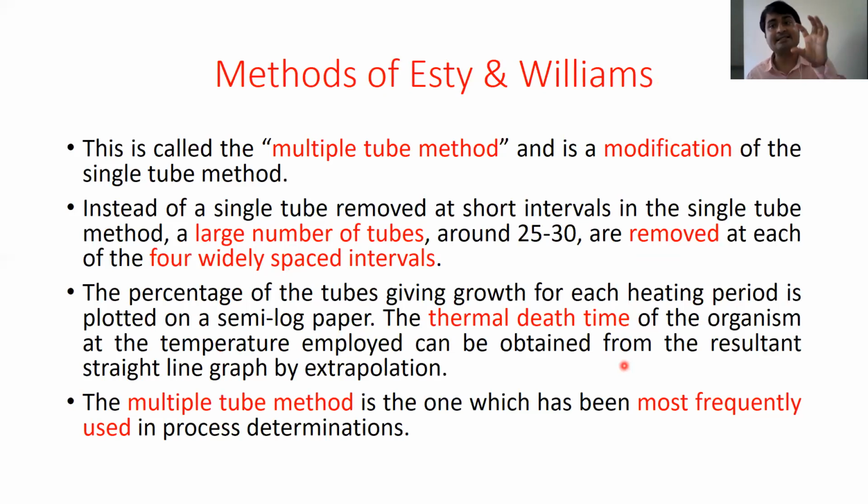Here, instead of one tube or a single tube, we are taking several tubes, a large number of tubes, say 25 to 30 tubes. So here our sampling is more, so the result will be more accurate. You will not face the problem of skips like we faced in the single tube method, because here we are taking a large number of tubes.